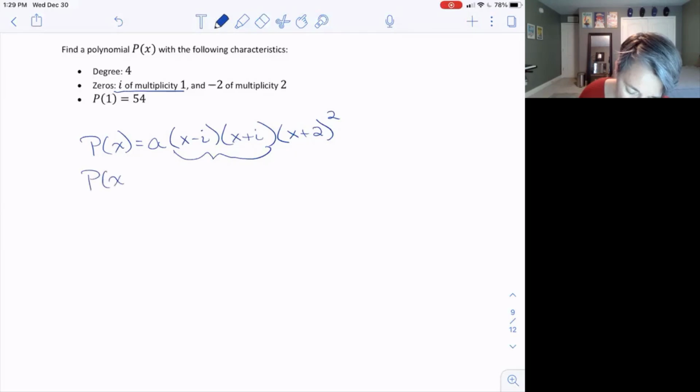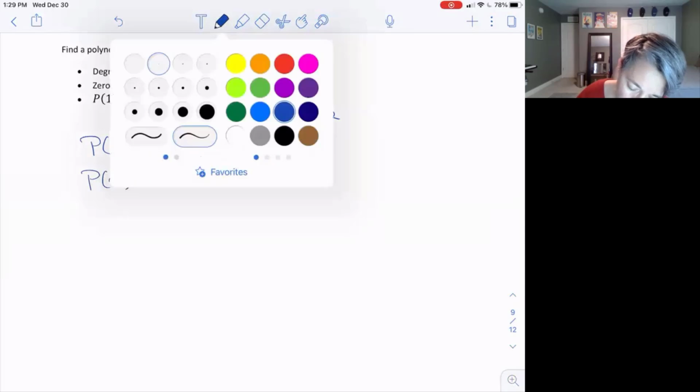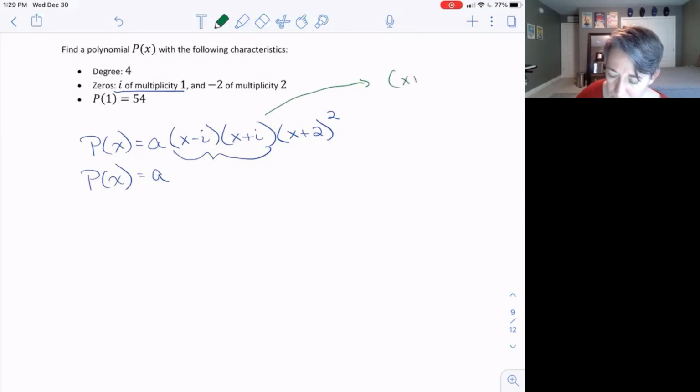So if we multiply, we can do that out here to the side, x minus i times x plus i. We distribute, we get x squared plus xi minus xi minus i squared. So these two add up to 0.